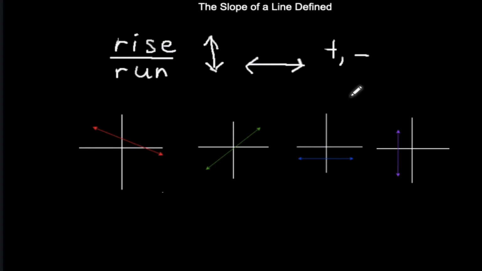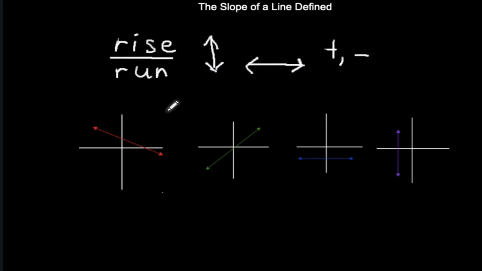Now, graphs of linear equations can be viewed as positive or negative simply by looking at them. So here I have some examples. So let me ask this question. How do you determine if a line has a positive slope? Well, if it's going upward from left to right, so let's just say you're reading a book, so you always want to start from the left and go to the right.